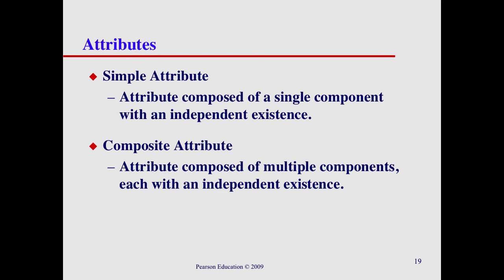A zip code has its own, independent existence. The city has an independent existence, a state has an independent existence, and a street has an independent existence. You might even argue that the street address by itself is a composite attribute, because you might consider the number and the street name to be two separate things.